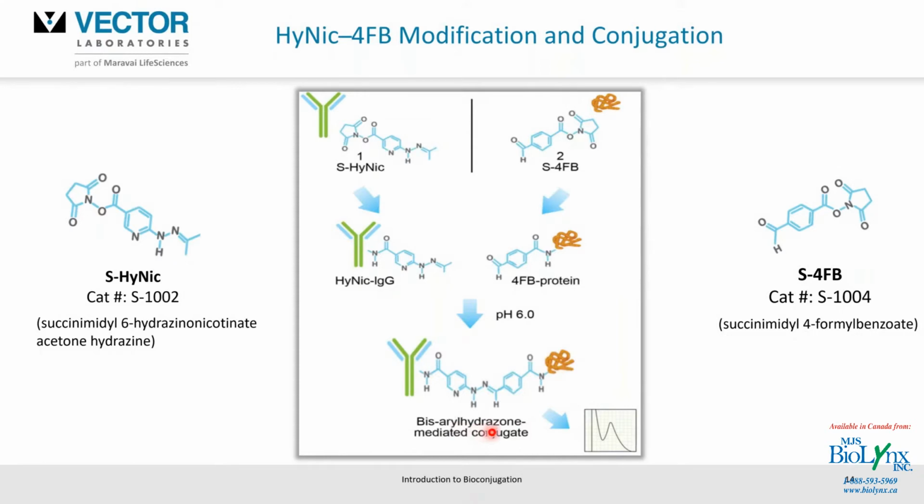Interestingly, right in the middle here is this hydrazone chromophore. The idea of the graph is to show you can utilize that chromophore in the linkage to identify that it actually has been conjugated and how much is there.